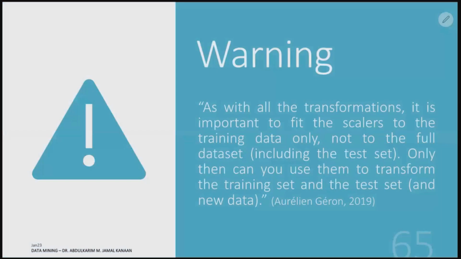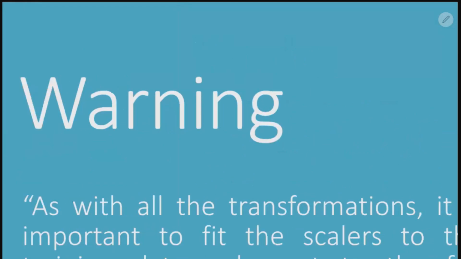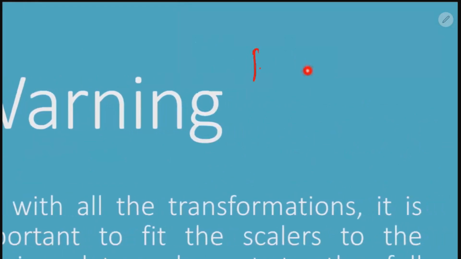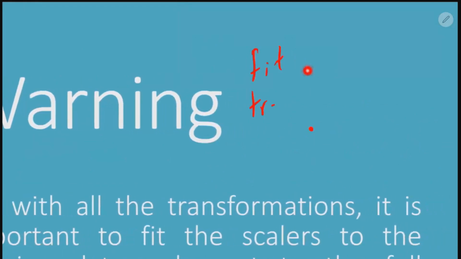As with all transformations, it's important to fit the scaler to the training data only. When you apply it in Python, there are two functions: fit and transform. So which data do you use to call the function fit? You use the training set.